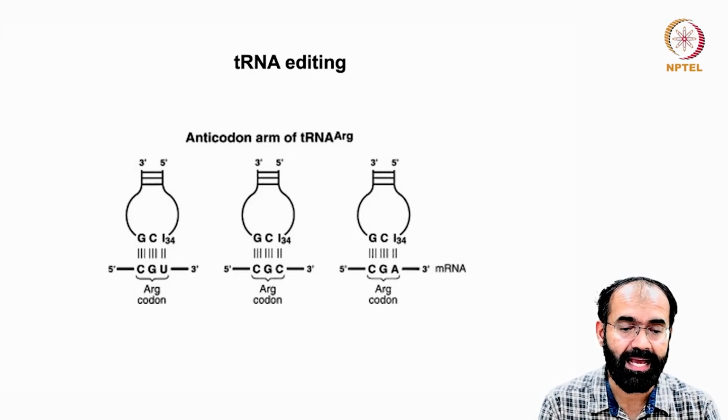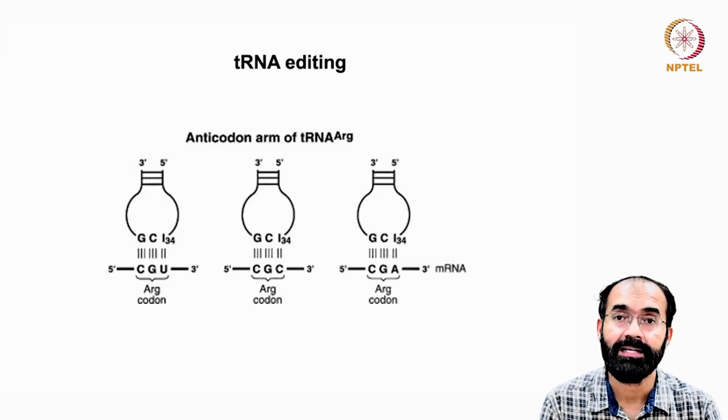So the GCI-pairing tRNA can cater to 1, 2, 3 different codons of different sequence. Of course, they all code for arginine: CGU, CGC, CGA, totally different codons.